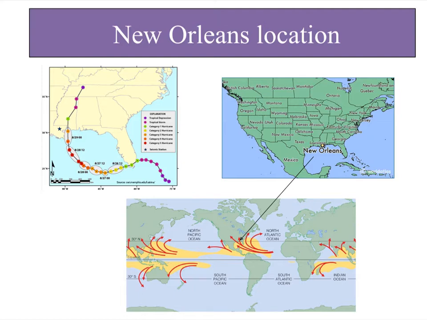Now, looking at the map that I've got in the top left hand corner, we can see the actual path that Hurricane Katrina took. The hurricane moved westward, making landfall first in the south of Florida, where it measured at a Category 1 on the Saffir-Simpson scale.